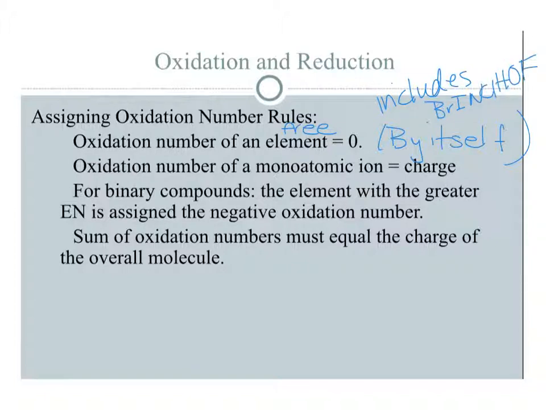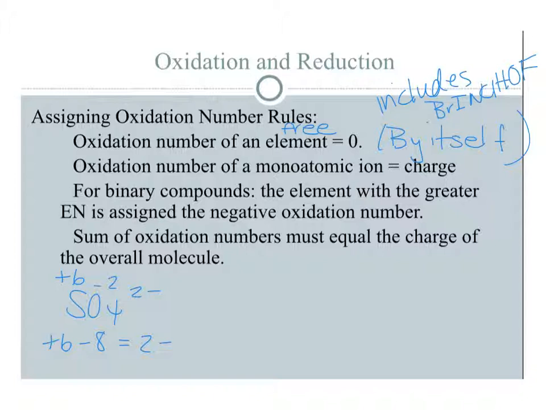Oxidation number of a monatomic ion is equal to the charge. So if I have SO4 2-, then instead of it equaling 0, my charges have to equal -2. So oxygen is -2, that's -8. So this had to be +6 in order for the net charge to be -2.